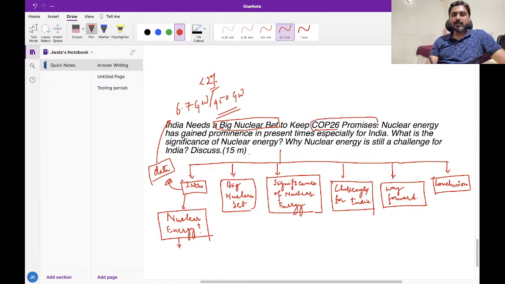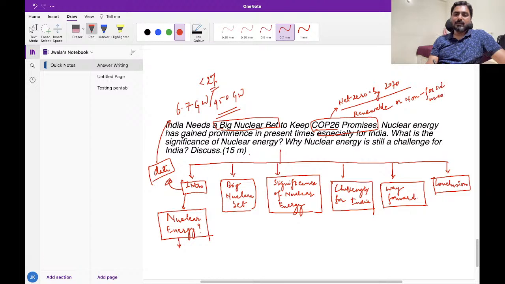In COP26, India has declared that it will gradually move toward net zero by 2070, and it will meet its energy demand mostly from renewable or non-fossil sources.